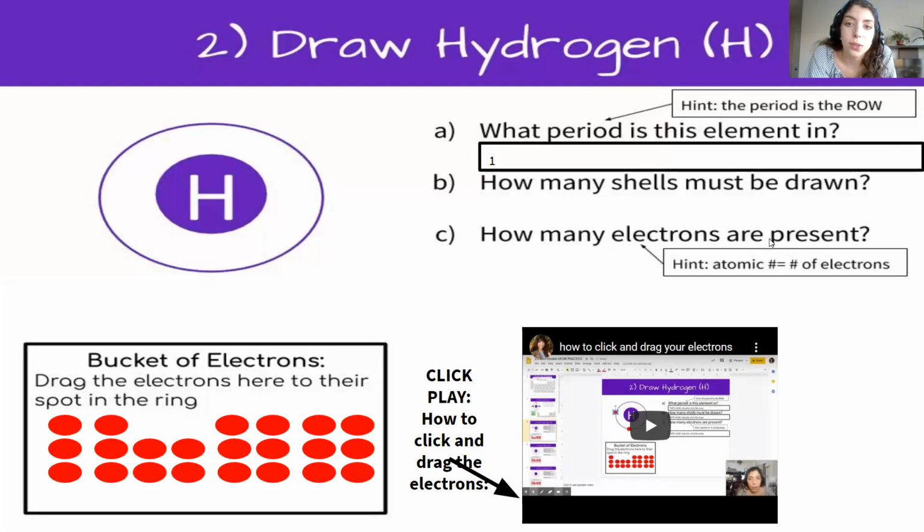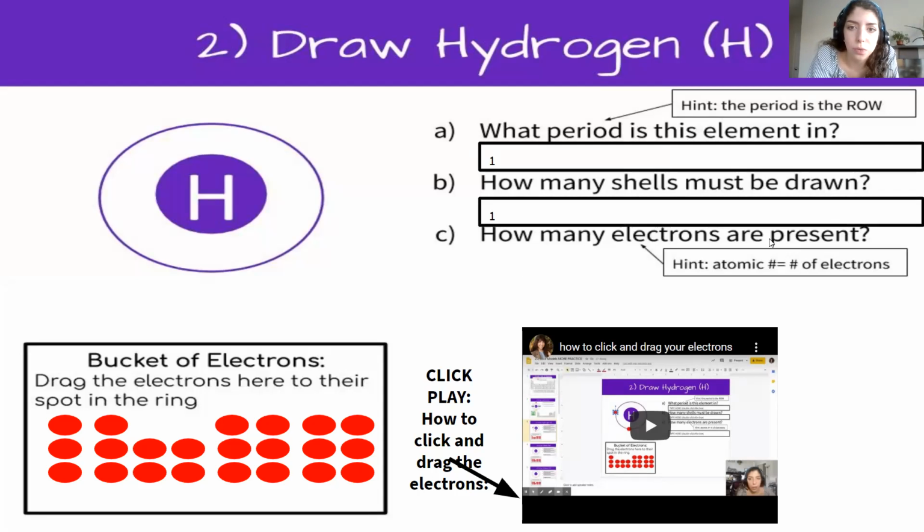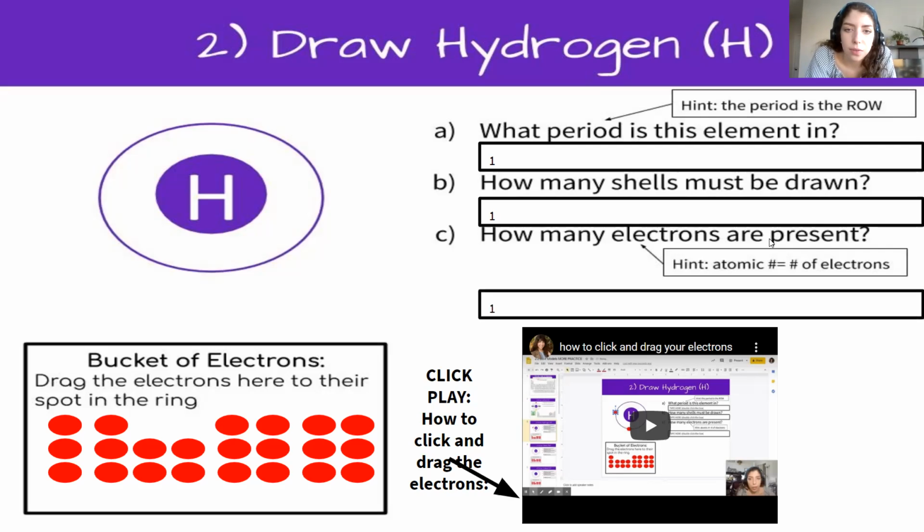The next thing I need to do is find the shells. The shell is the same as the period, so there's just one shell, one ring. And finally, I need to figure out how many electrons there are. Hydrogen has just 1 as its atomic number, so it's going to have 1 electron.